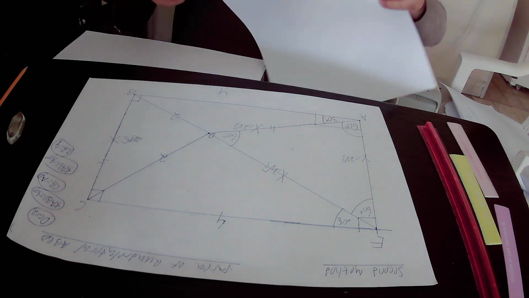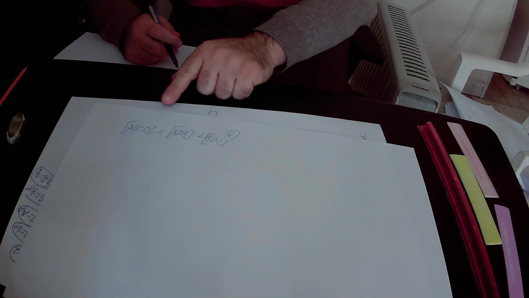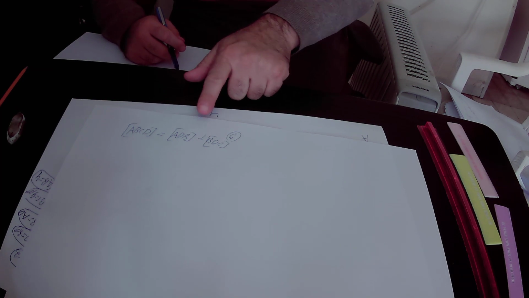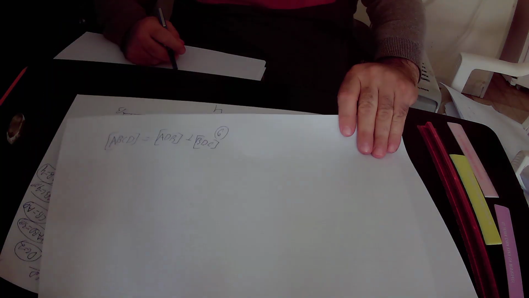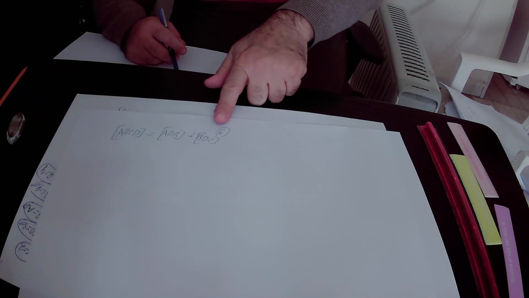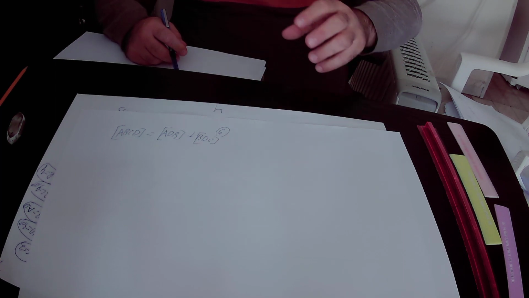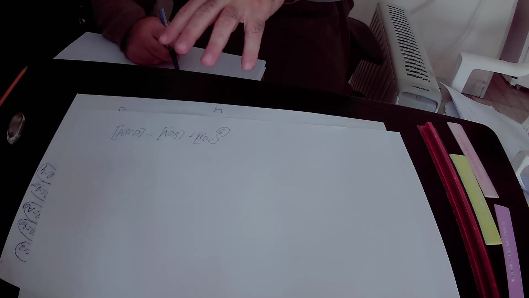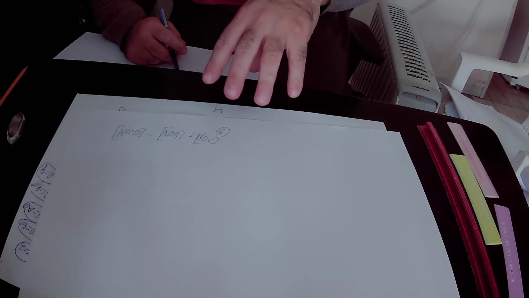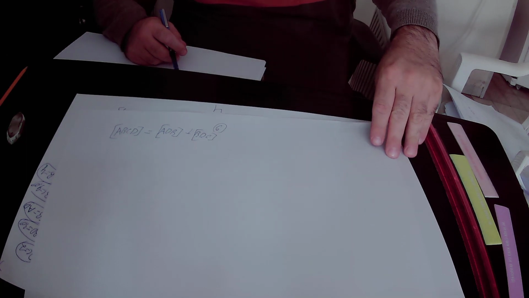I will repeat again. The area of quadrilateral ABCD equals the area of triangle ADB, not the right triangle, plus the area of triangle BDC, because quadrilateral ABCD consists of exactly those two triangles. Okay?